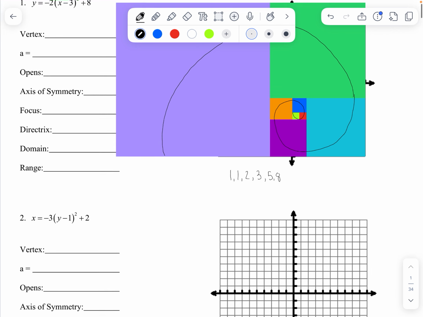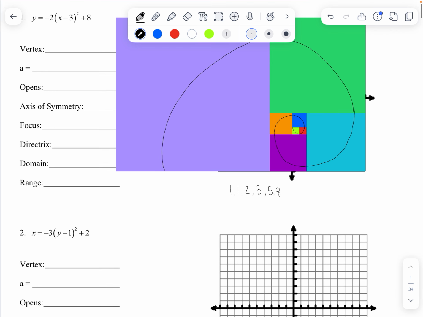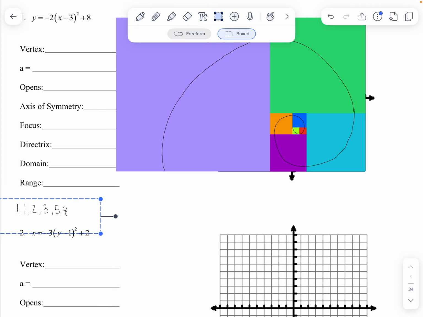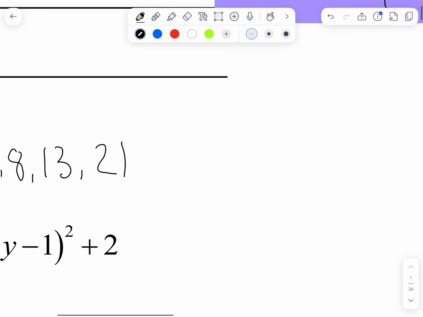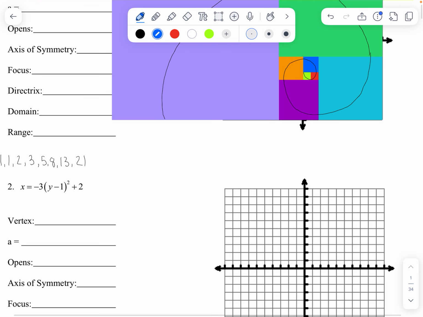Yeah, and that is the Fibonacci sequence. Can we actually get one more? So let's write this down. 13, 21, and now it's 21 plus 13. So a 34 blocks, holy.